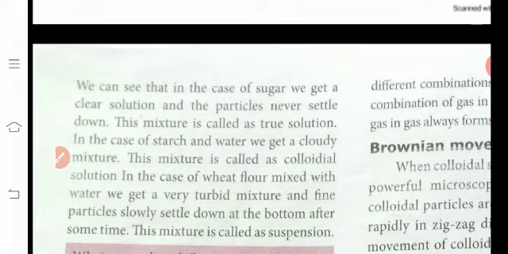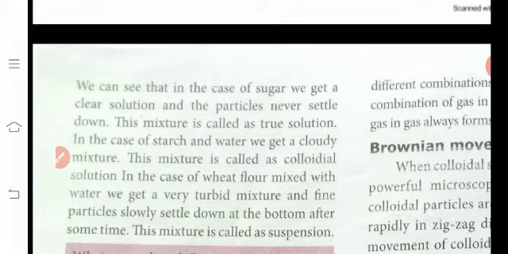In the case of wheat flour mixed with water, we get a very turbid mixture and fine particles slowly settle down at the bottom. The powder settles down in the bottle.